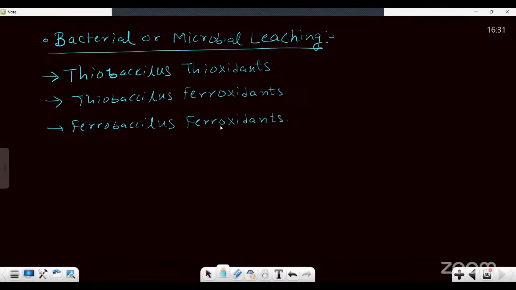Now, what do these bacteria do? These bacteria oxidize metal sulfides, MS, into soluble metal sulfates.